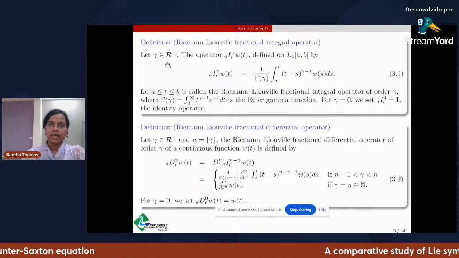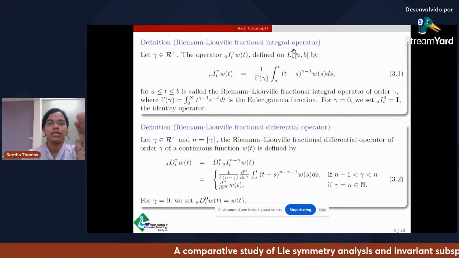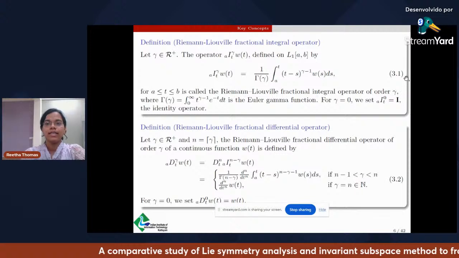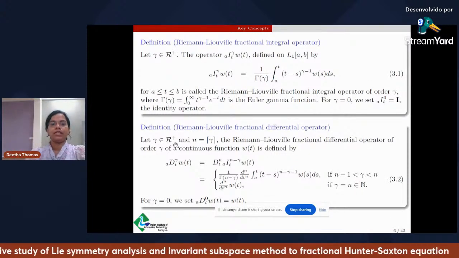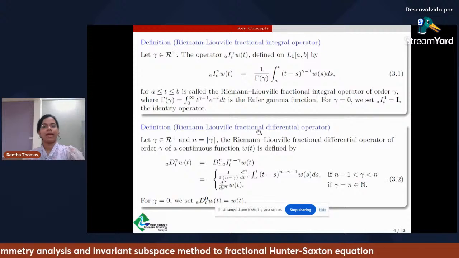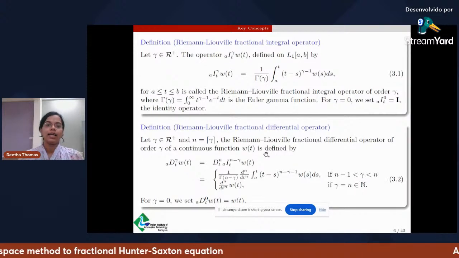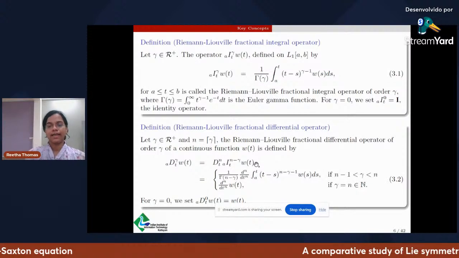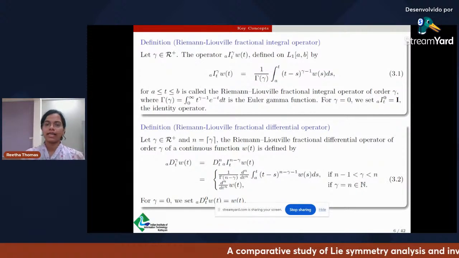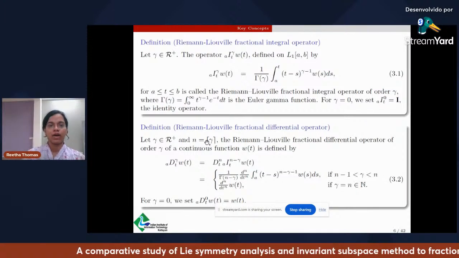If gamma is in R plus, we can define the Riemann-Leibniz fractional integral operator as in 3.1. Using this integral operator, we can define the Riemann-Leibniz fractional differential operator as D_t^n I_t^(n-γ). For this Hunter-Saxton equation, we restrict 0 < γ < 1. So n is the ceiling function of gamma, which is 1.